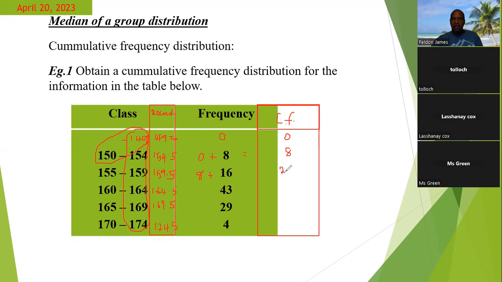So our second value here for the cumulative frequency would be 24. So that is your subtotal. So you're going to add that now, your 24, to the next frequency value. And then that would give you 67.